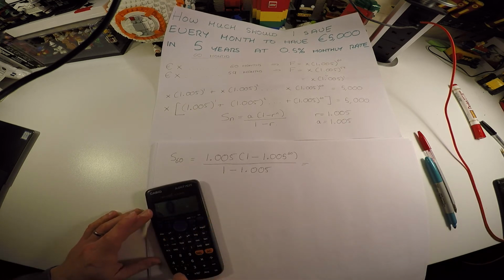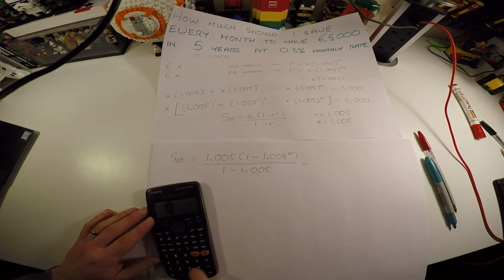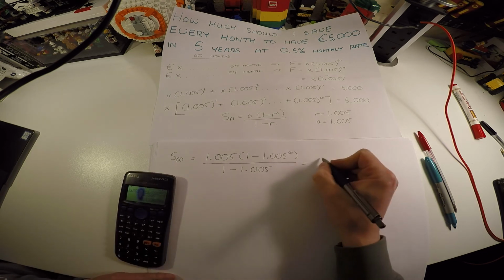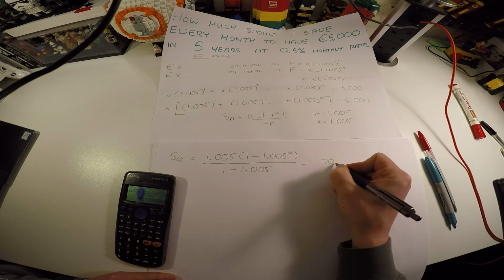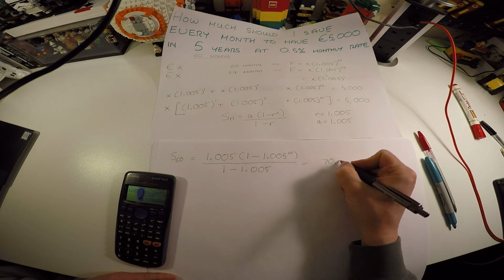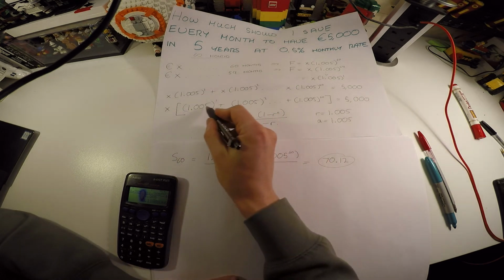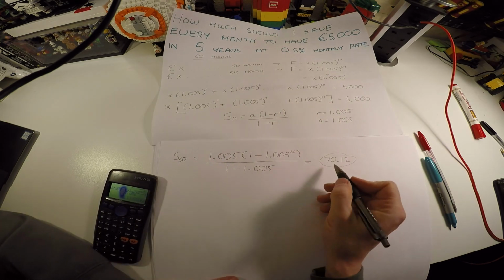We get 1.005 times 1 minus 1.005 to the 60, I forgot to close my bracket, all over 1 minus 1.005, equals, and I get about 70.11. Actually, if I round up, I get 70.12. So I know that all of this stuff in the square brackets ends up being 70.12.